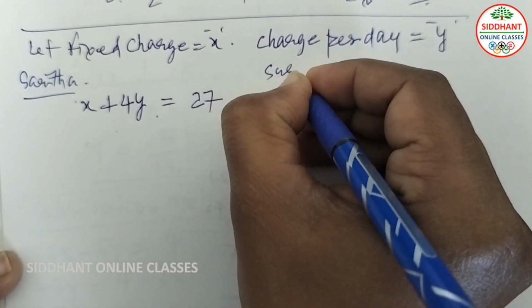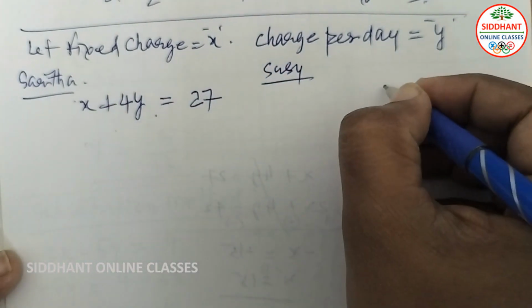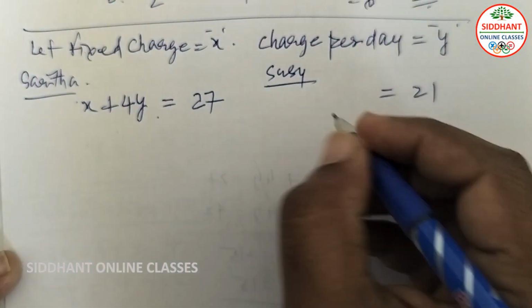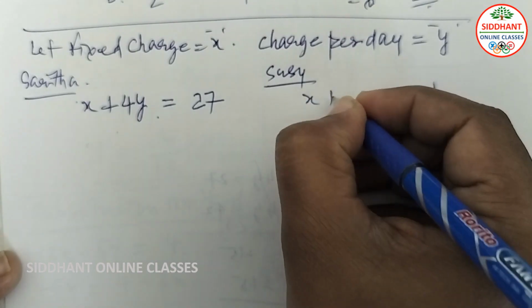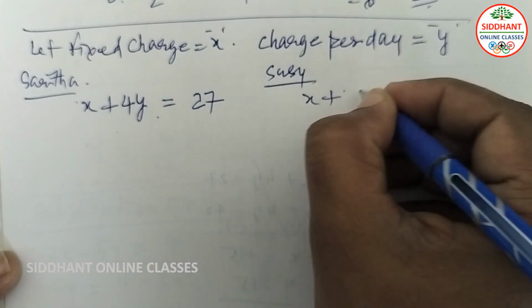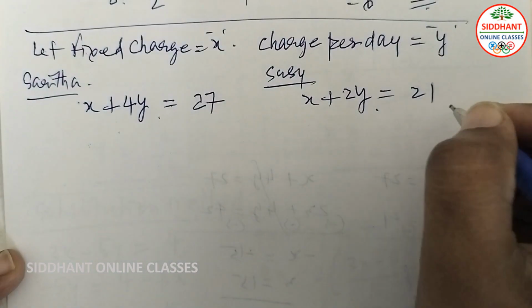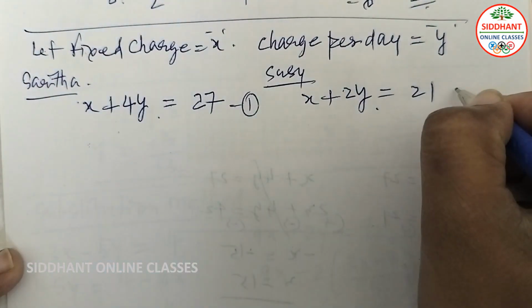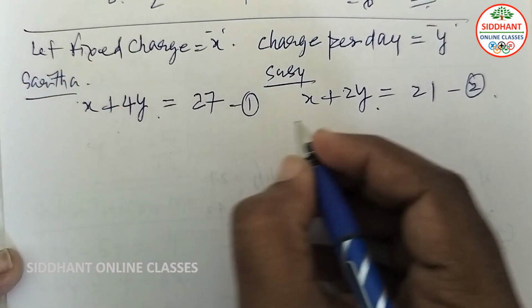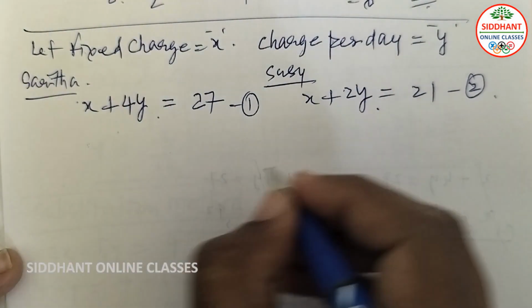Next, Susi, the total amount she paid is 21, and for 5 days, that means the first 3 days is x, and then the rest 2 days is charge per day, that means 2y here. So now we get two equations here, x plus 4y equals 27, x plus 2y equals 21.